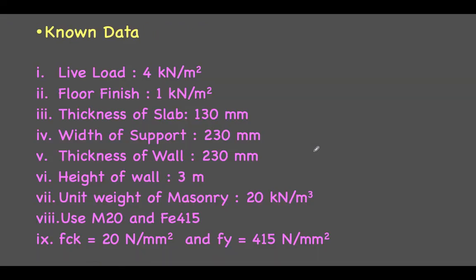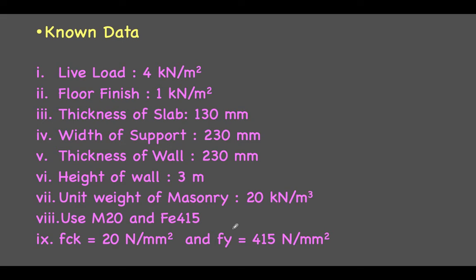For design of this beam we are having known data, or sometimes we call it given data. We are having live load 4 kilonewton per meter square, floor finish, thickness of slab, width of support, thickness of wall, height of wall, unit weight of masonry, and grades of concrete and steel are mentioned, and accordingly we are having fck and fy values. Fine.